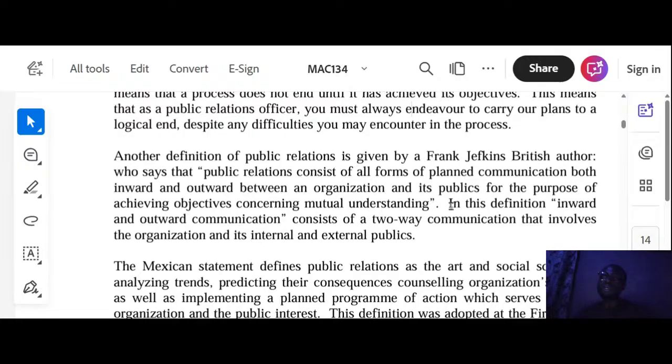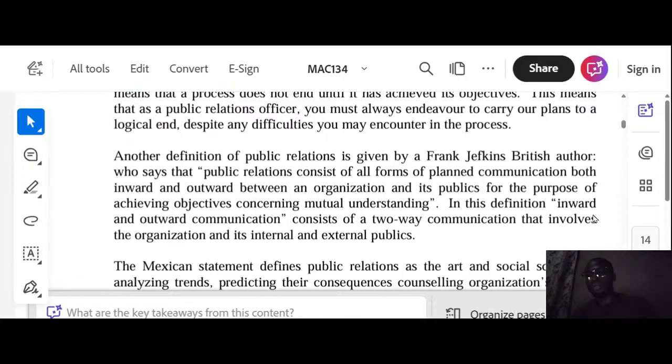Let's create a very local picture of these things so that all this grammar they are using to define it doesn't choke you up. When you are talking about public relations, for instance, let me use the school as an example.